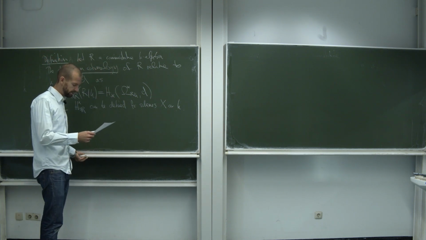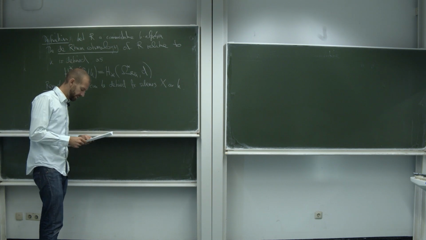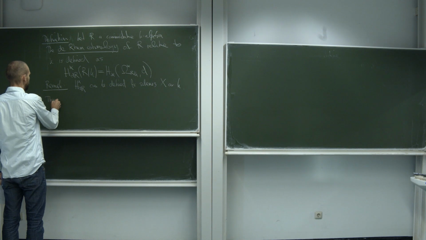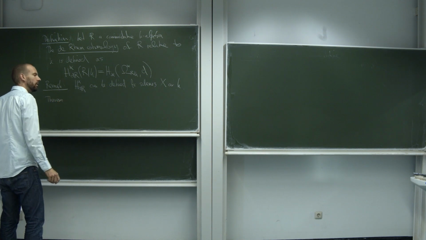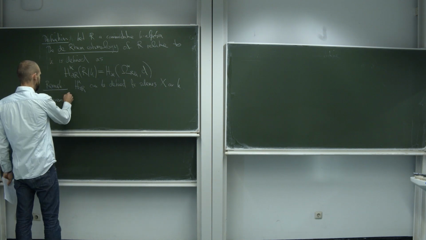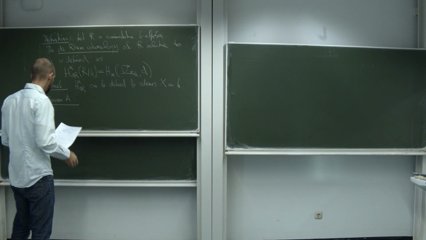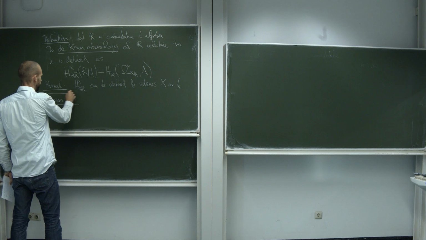Okay, good. So that's the definition. And here's the theorem which relates the de Rham cohomology to periodic homology, and that's my theorem A today, the main theorem in today's lecture, or the first main theorem.